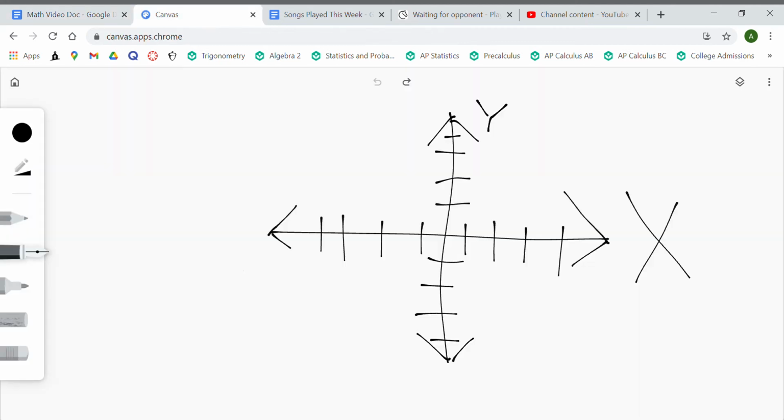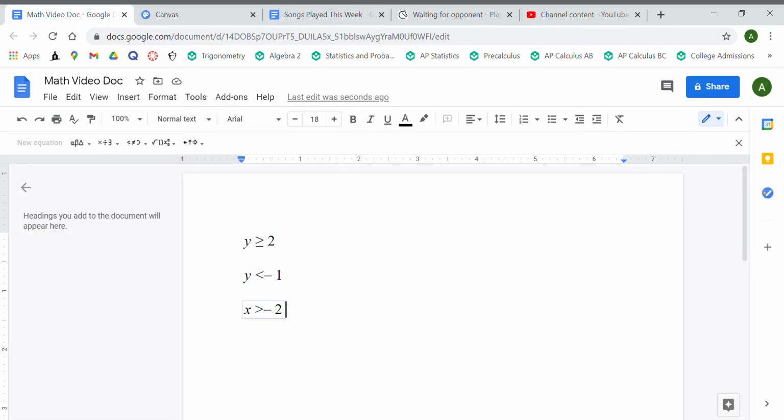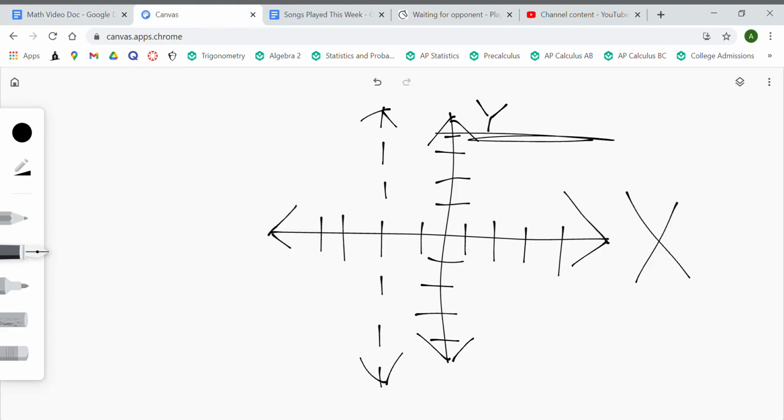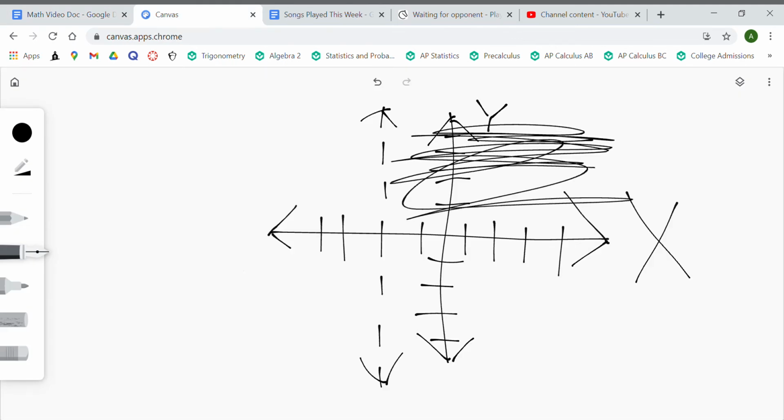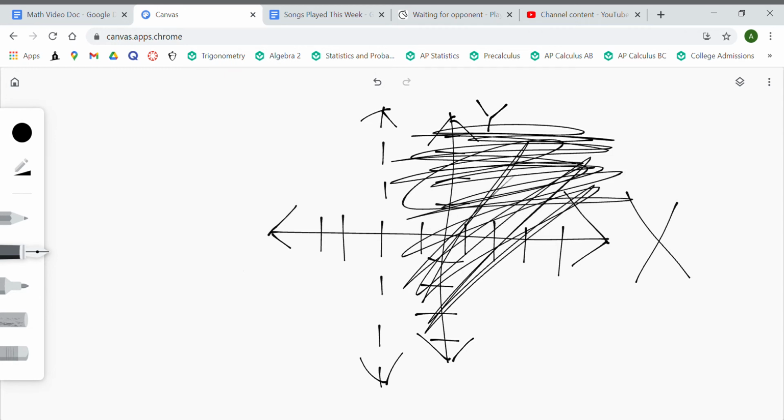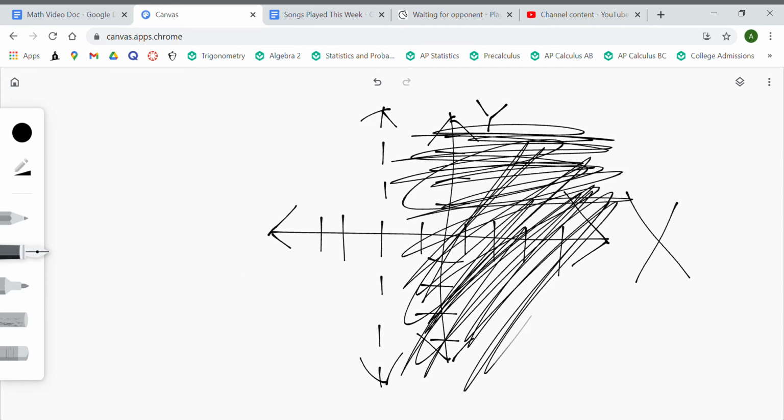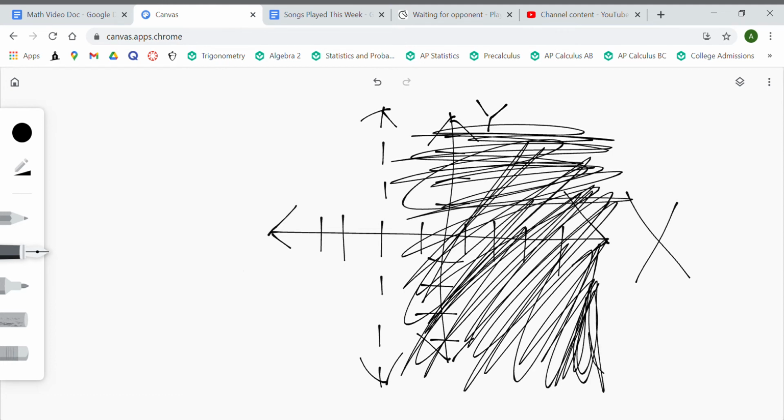So x is greater than -2, so we put a dashed line through x equals -2. And then we got a greater than sign, so that means the x values have to be greater than -2. And those will be the values over here. So we shade to the right. And there's your graph.